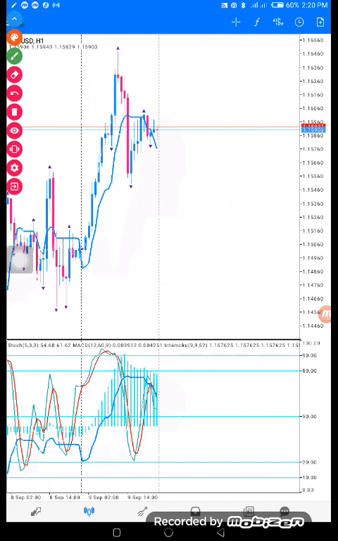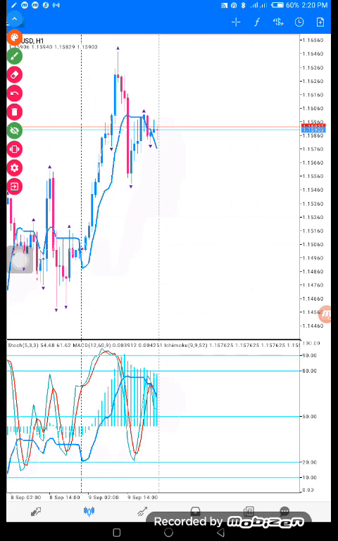Last Friday in Euro USD, we saw a MACD crossover and a stochastic crossover. The MACD transitioned from downward to upward, from bearish to bullish.